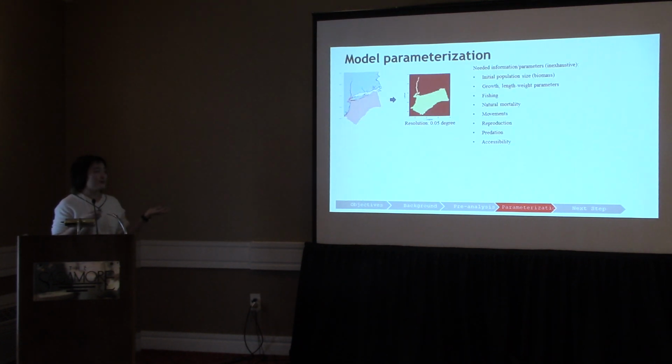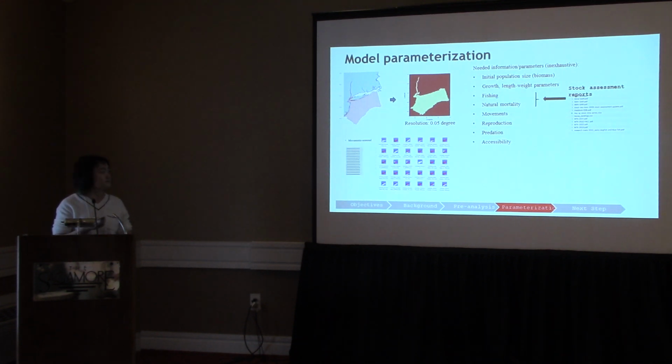For other parameters, we set the spatial resolution as 0.05 degree because the Hudson River is relatively narrow compared to other estuaries, so we need a relatively fine spatial scale. And for other parameters such as species natural mortality, we got that information from stock assessment reports.